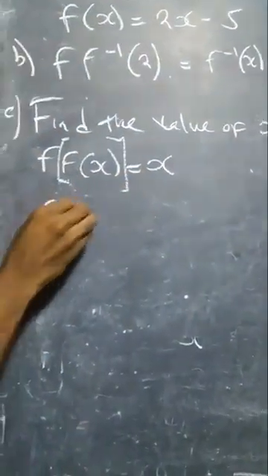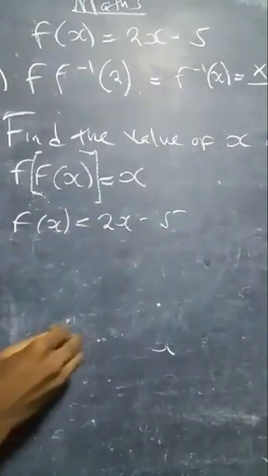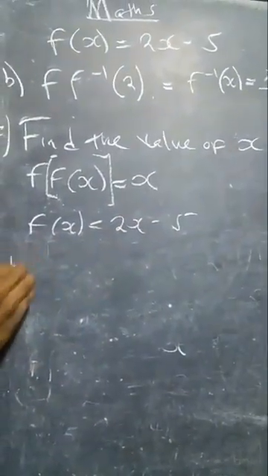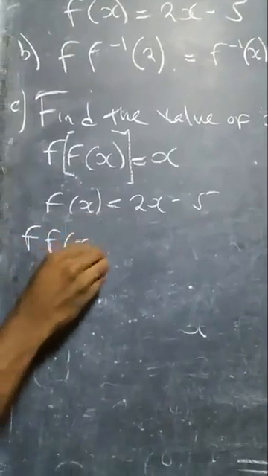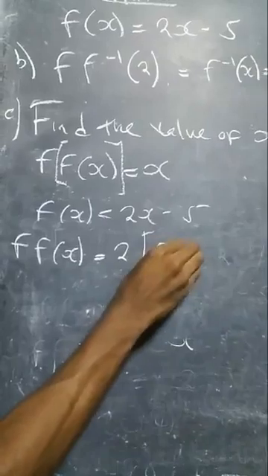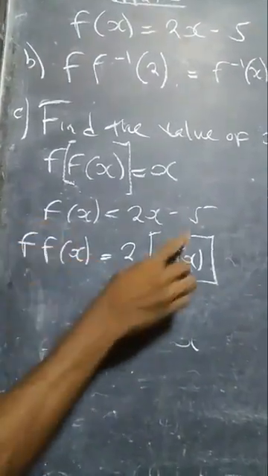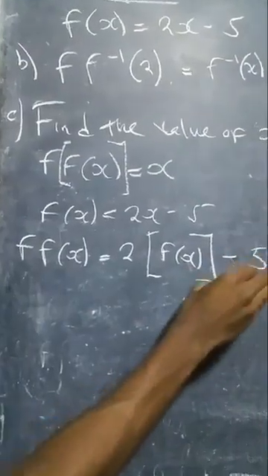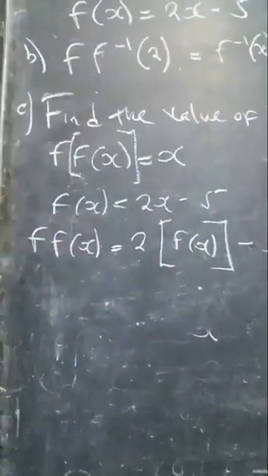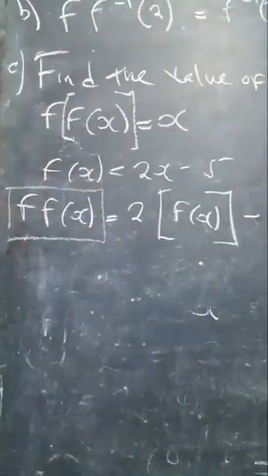So since f of x is equal to 2x minus 5, that means f inverse of x is equal to 2 open brackets f of x, then minus 5. That's the meaning of this. So they are saying this is equal to x.